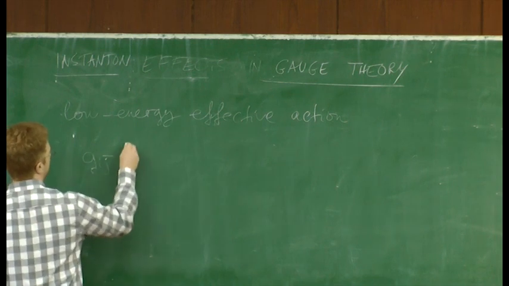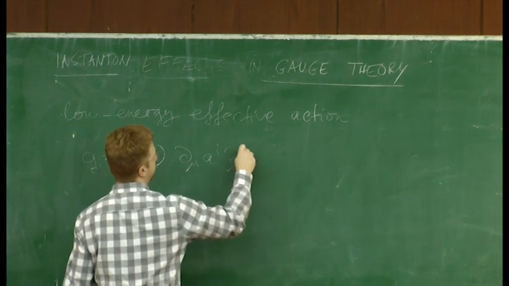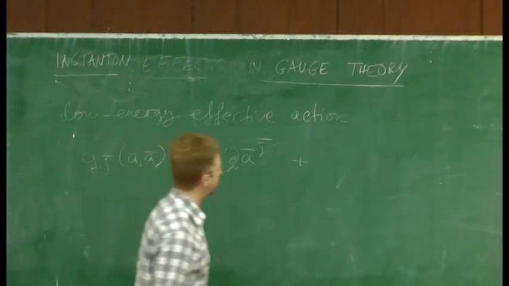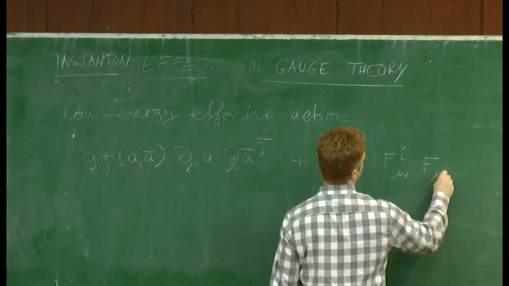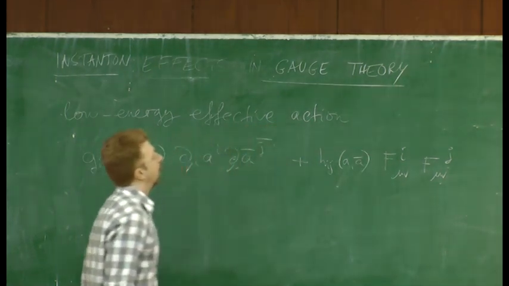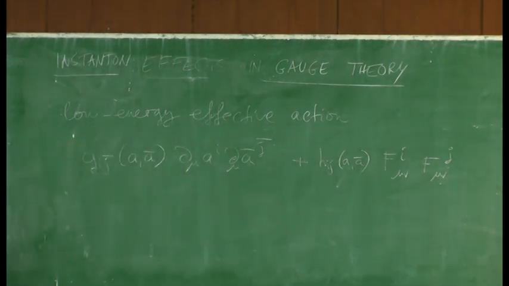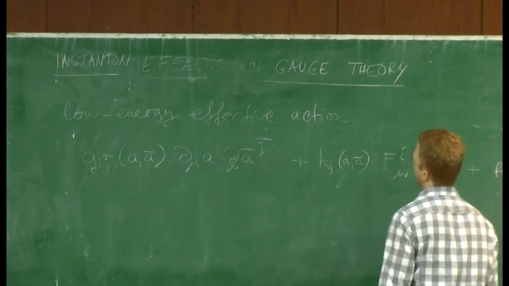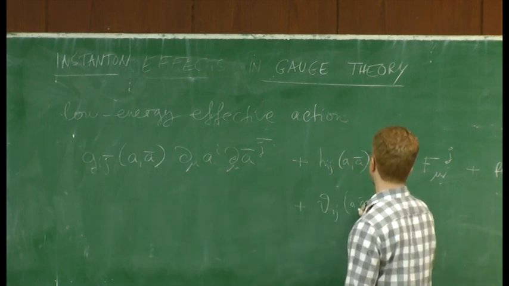Coupled to the abelian gauge theory, with some matrix of effective couplings, plus some fermionic terms, and plus you could actually induce a matrix of theta angles, which also depends on the scalars.